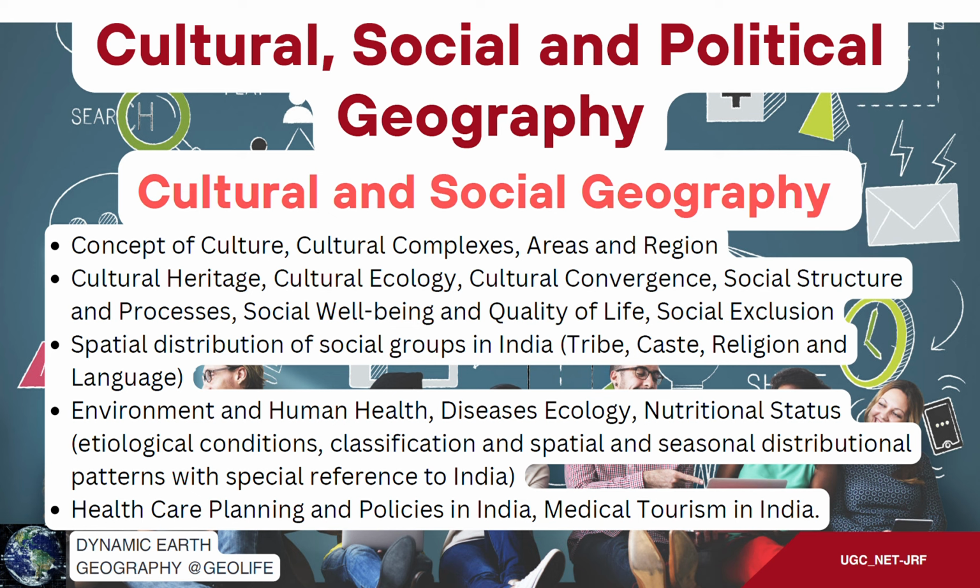The cultural and social geography includes concepts like culture, cultural complexes, areas and region, then cultural heritage, cultural ecology, cultural convergence, social structure and processes, social well-being and quality of life, social exclusion, then spatial distribution of social groups in India like tribe, caste, religion and language distribution all over India, and then environment and human health, and then importantly disease ecology and nutritional status, that is etiological conditions, classification and spatial and seasonal distribution patterns with special reference to India.